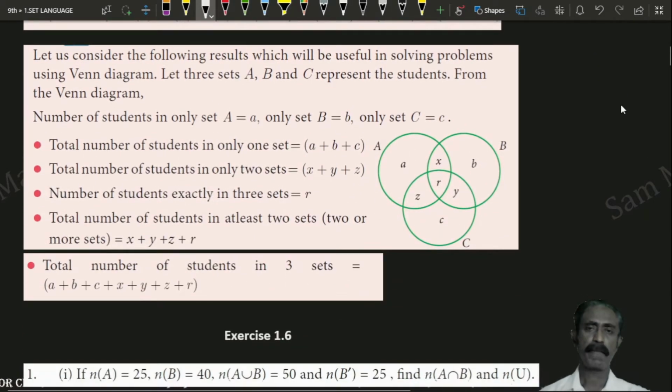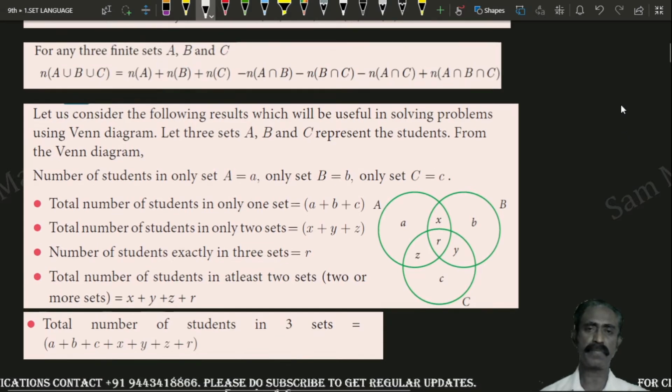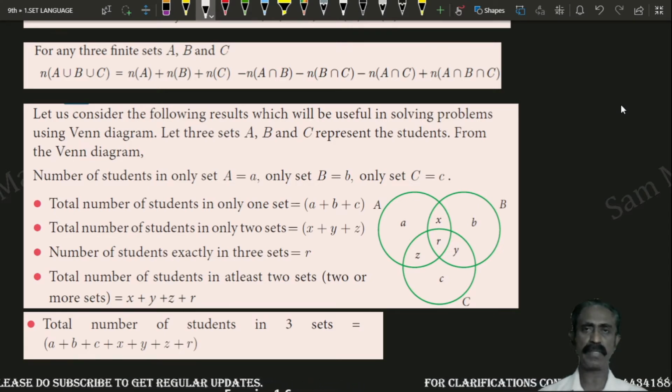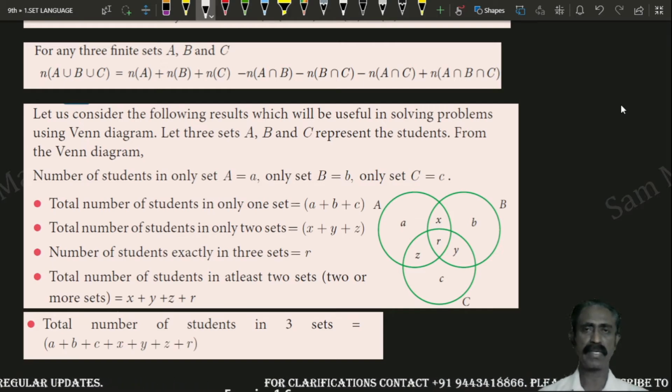Further, you have to recollect a few more things from the Venn diagram. Let us consider the following results which will be useful in solving problems using Venn diagram. Let three sets A, B and C represent the students.